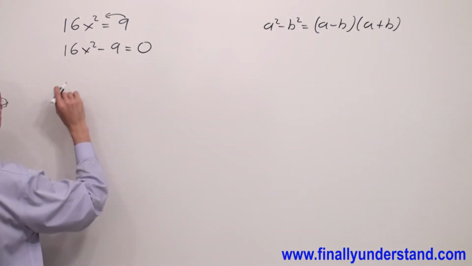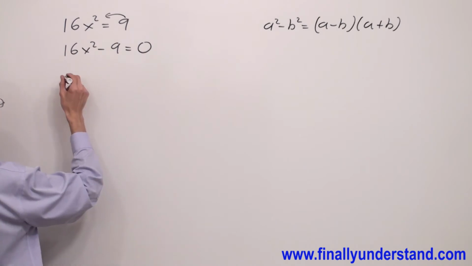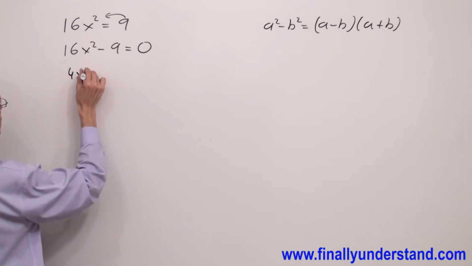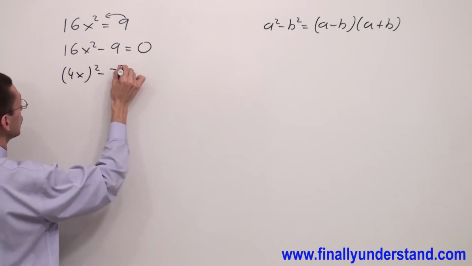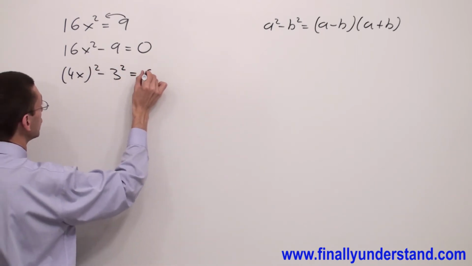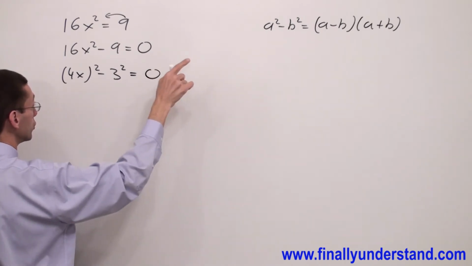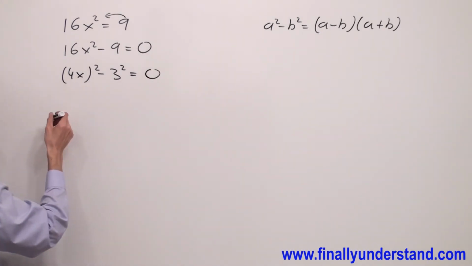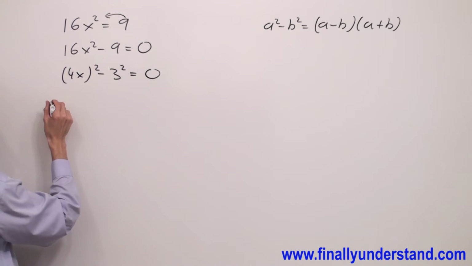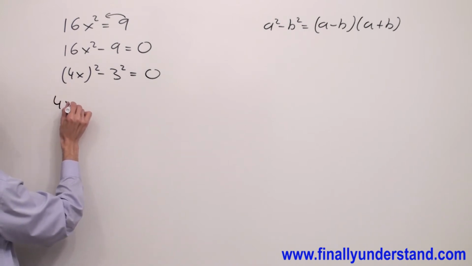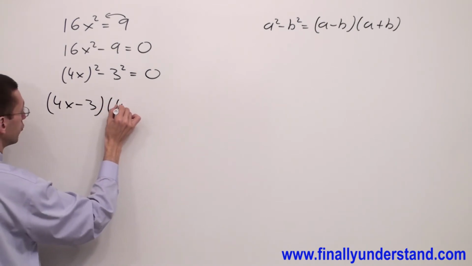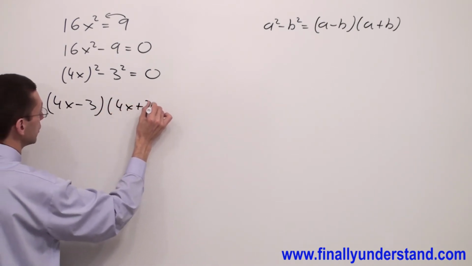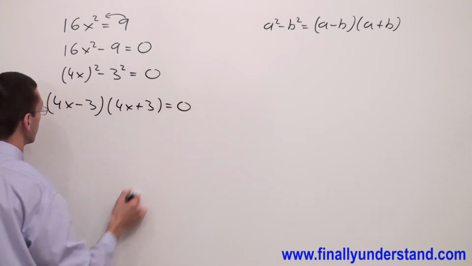We can rewrite the left side as 4x to the second power minus 3 squared equals 0. If you are going to use this formula, you can rewrite this expression as 4x minus 3 times 4x plus 3 equals 0.